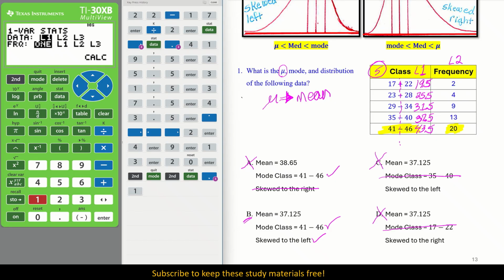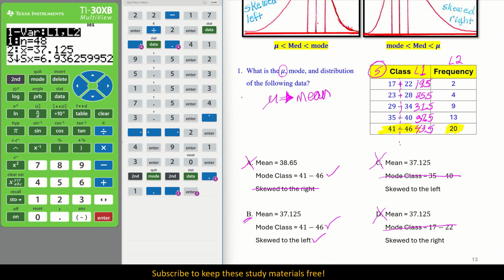I have it set up here. Yes, I want my data. I'm saying my data is in L1, but see how it says FRQ? That's my frequency. Well, I don't want to use the number 1 for all of them. And that works for some things, and you'll see that later. But I want to use L2, so I push enter. And now verify that you did that correctly. L1, L2. Okay, let's push enter.